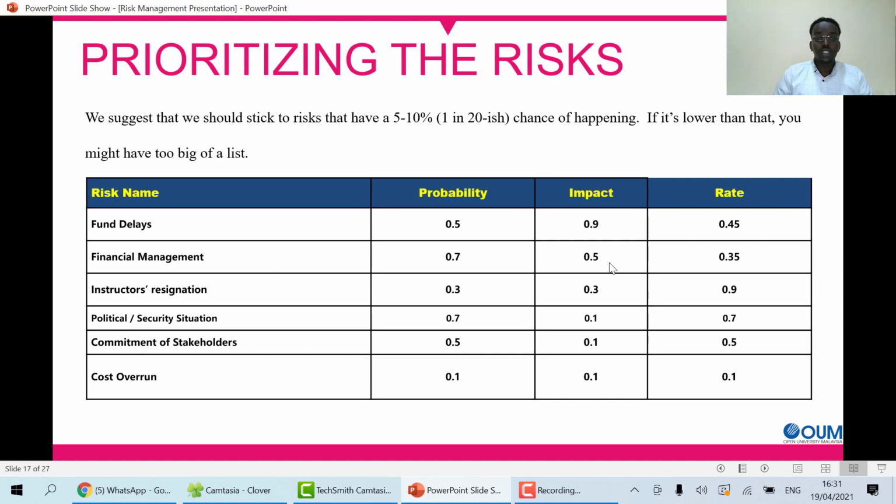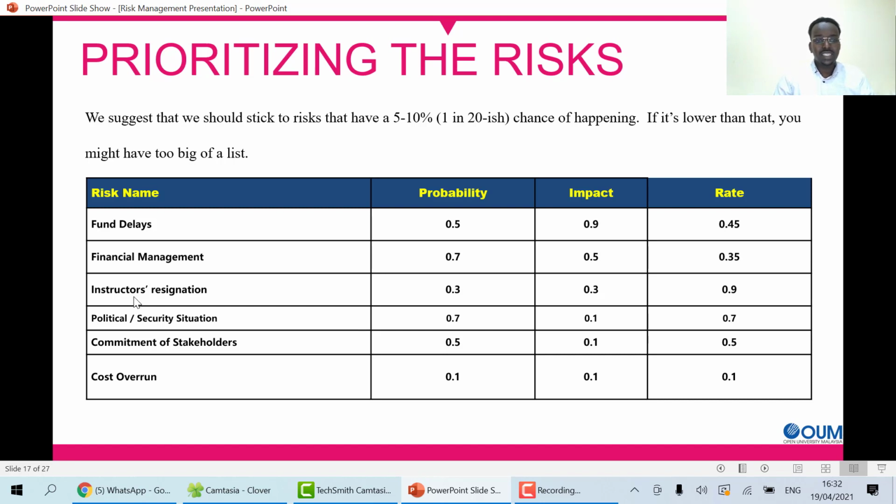Financial management is a risk that can occur in our project, but its rate is 0.35. Then there are the instructors or trainers of the program, since the program focuses on training midwives of the health sector in Somalia.